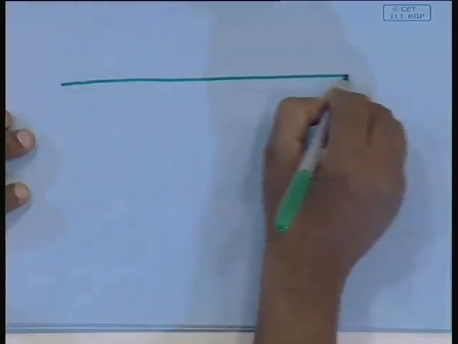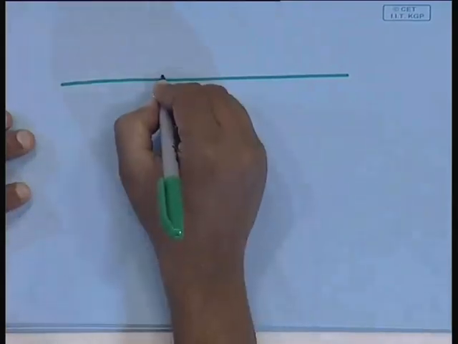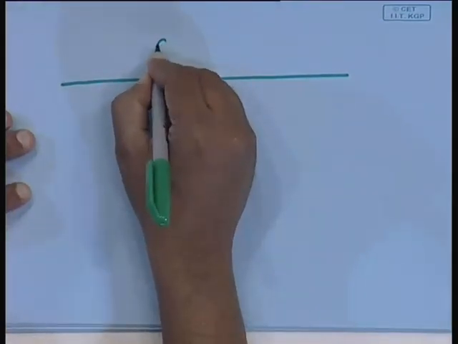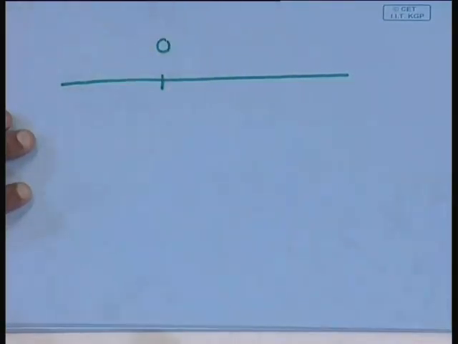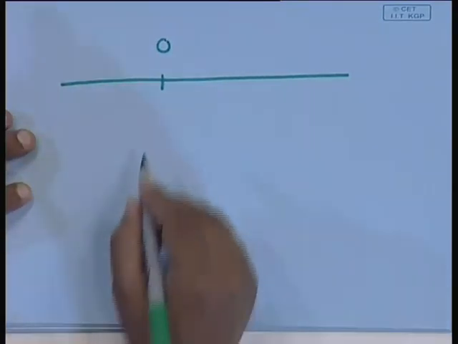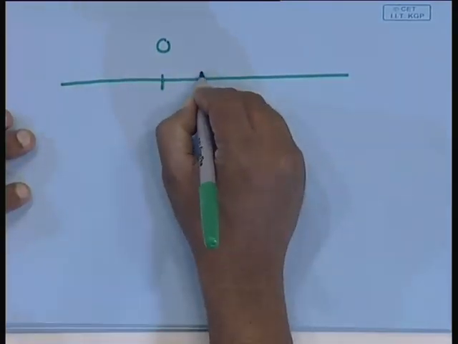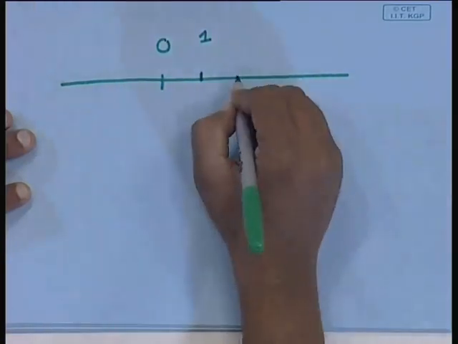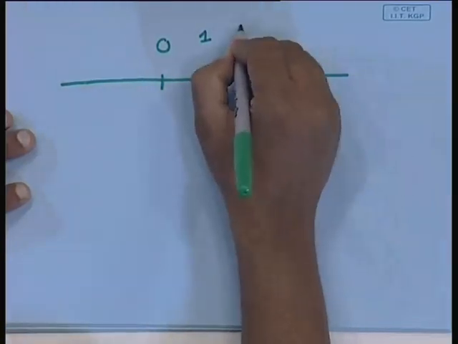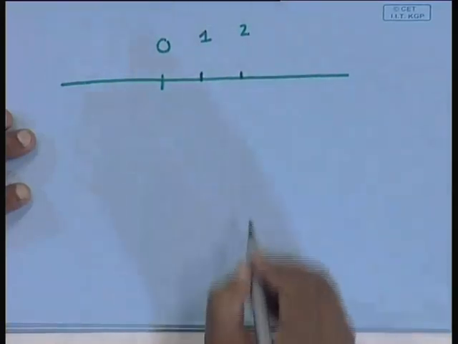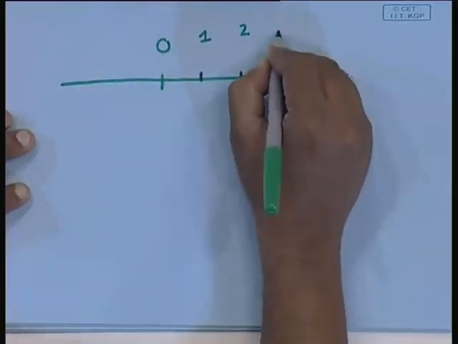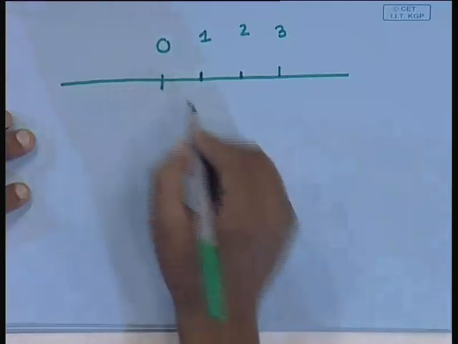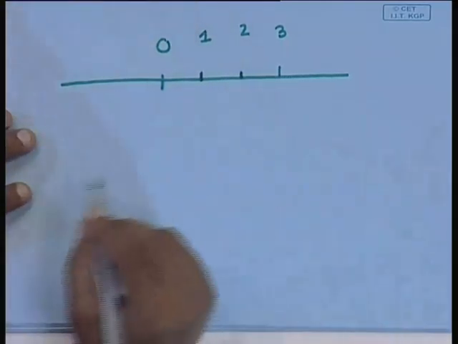It is a number line like this, and there is an observer sitting over here, O, that is the origin. Now, there is a galaxy a unit distance away, and consider another galaxy 2 unit distances away, and another one 3 unit distances away. We will not bother about what these units are.